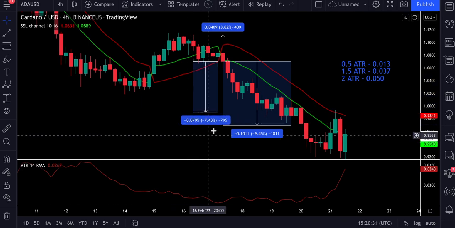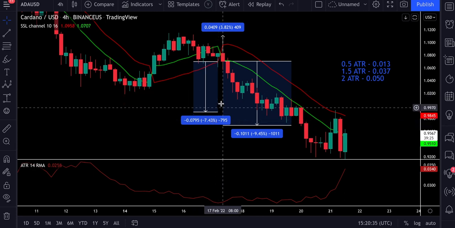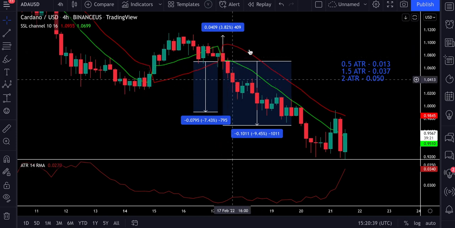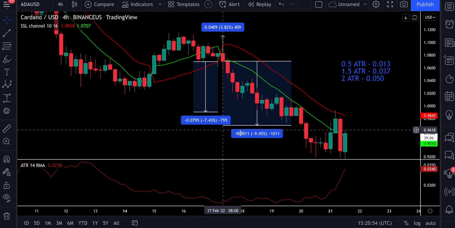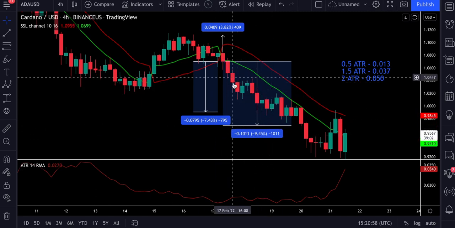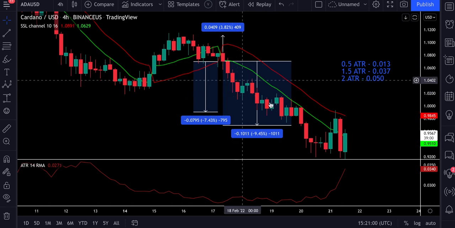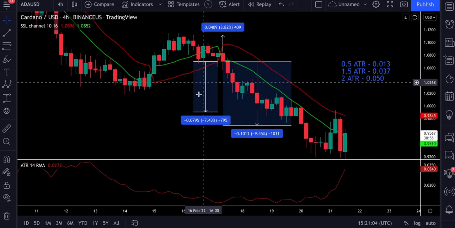So there we go. 7.43% gains. If the price hits your take profit level, it doesn't go back, it doesn't retract and hit your stop loss. Comparing to 9.45% guaranteed gains. These gains are guaranteed if the price keeps moving in your favor. These gains are not guaranteed.